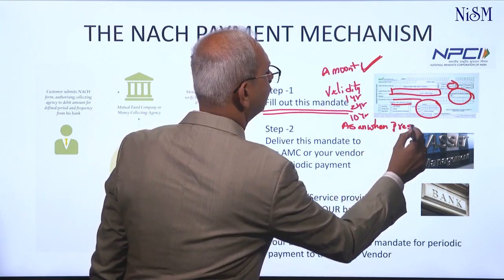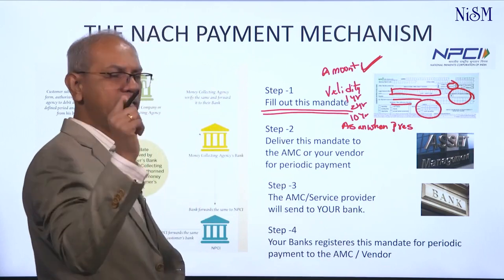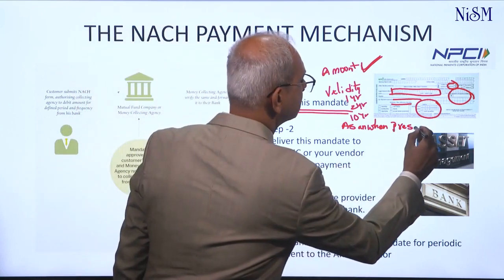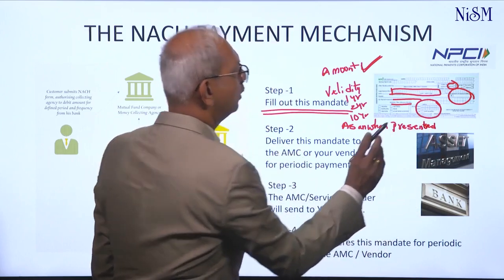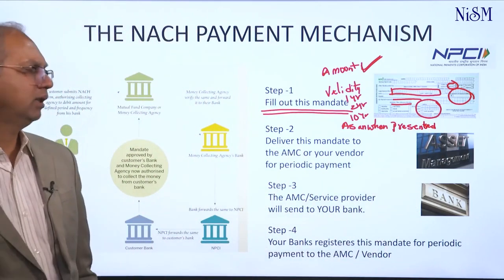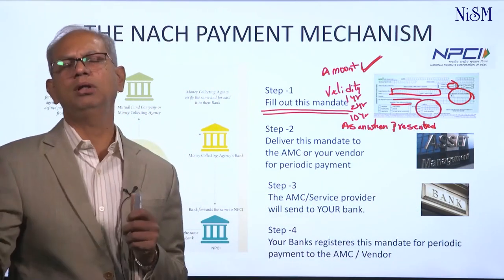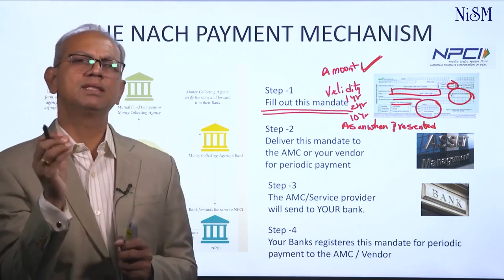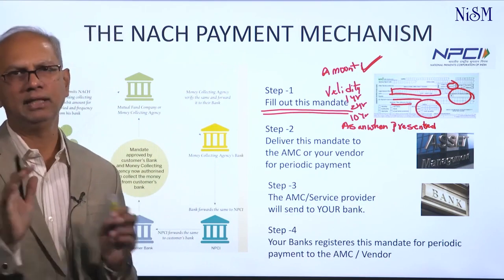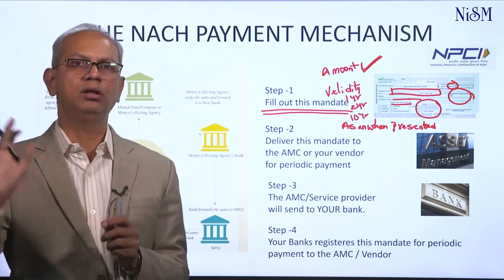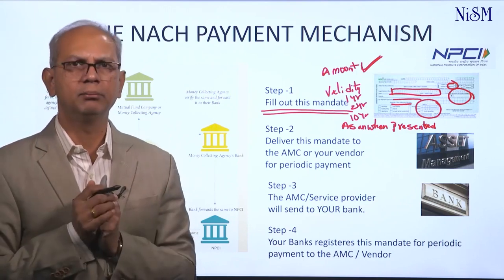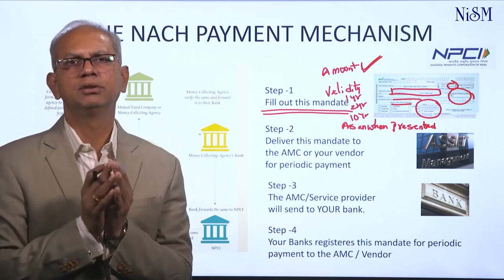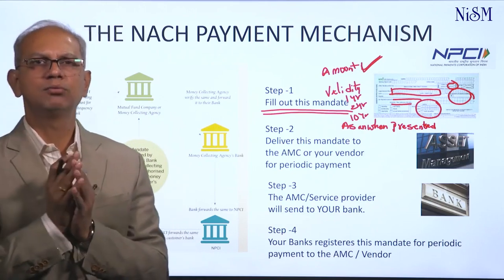Whenever the vendor or whoever you have signed this mandate for presents the payment, the payment can go. So you have told the vendor, boss, do this SIP for me on the 5th of every month. That's the mandate. That's what you have told the vendor, which is the AMC, the asset management company or the mutual fund company: 2000 rupees, 5th of every month.